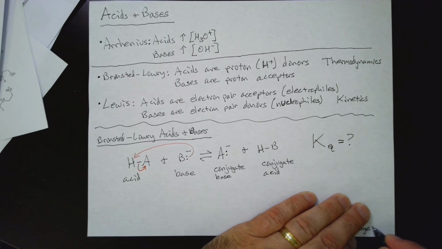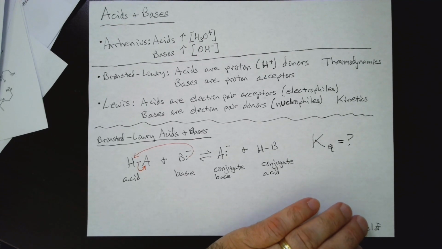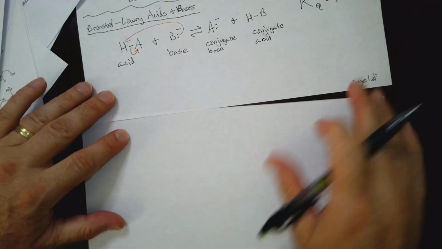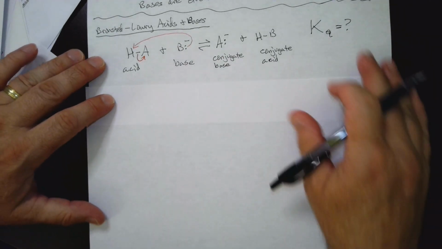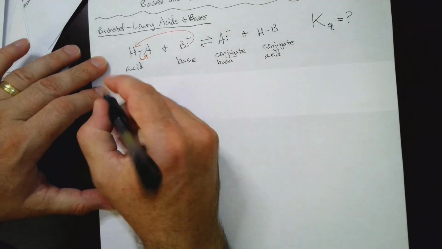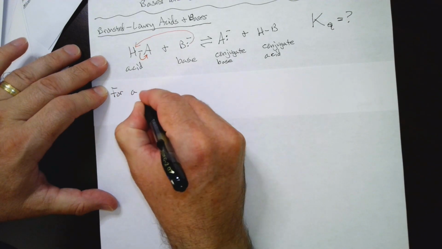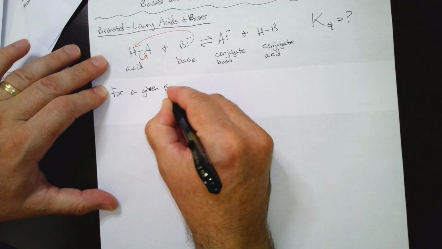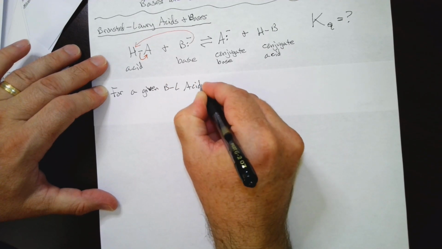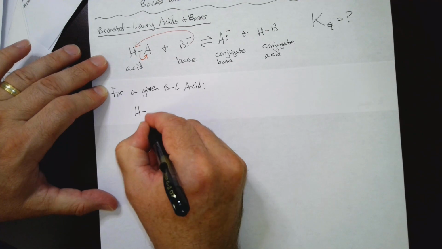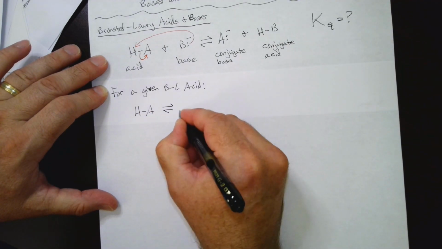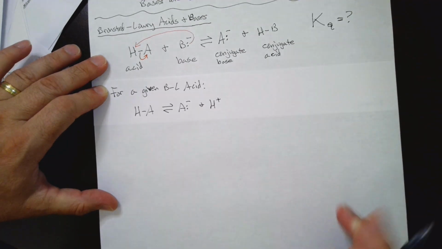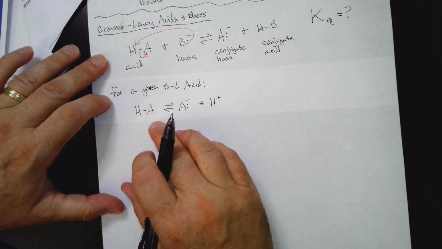So let me add paper here and keep on going. So for a given Bronsted-Lowry acid, we can write the following reaction.